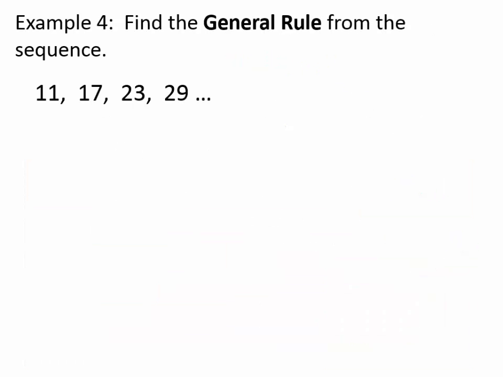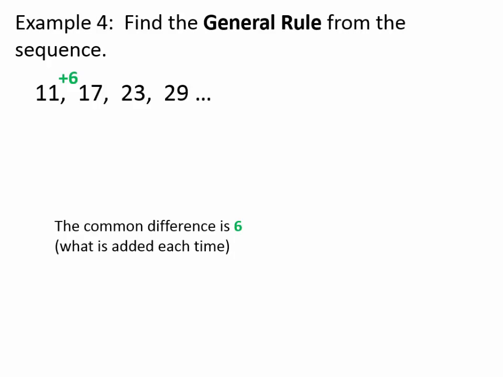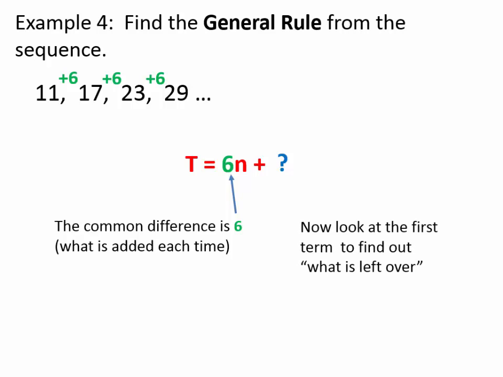Now we don't need a table to work out the general rule. Numbers are fine as long as there's a common difference, and you can see in this case each time you're adding 6. To find the common difference, just subtract. So we know straight away that the general term is going to be t equals 6n plus something. And hopefully you know by now that to find that something, just look at the first term.